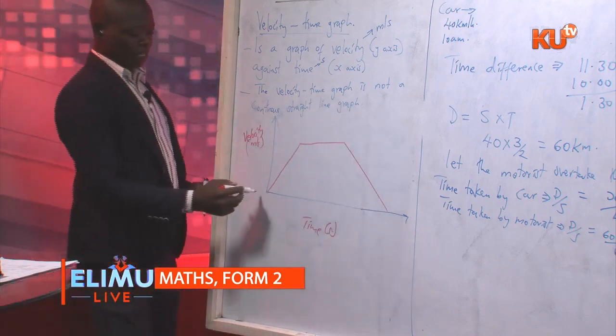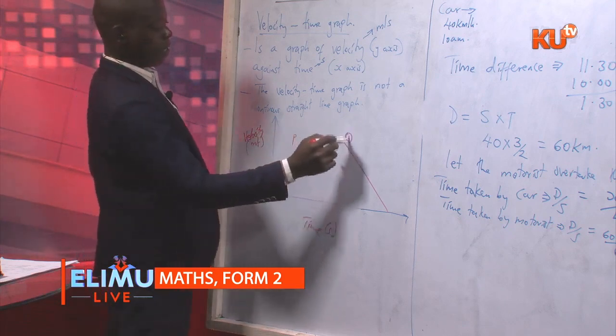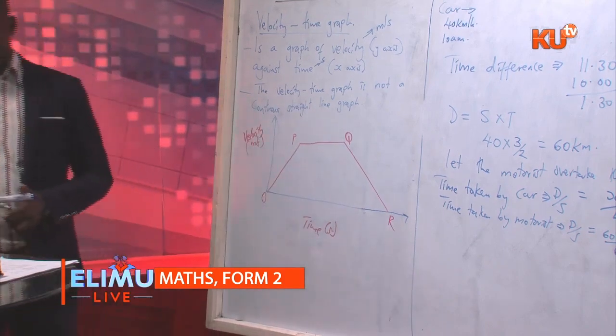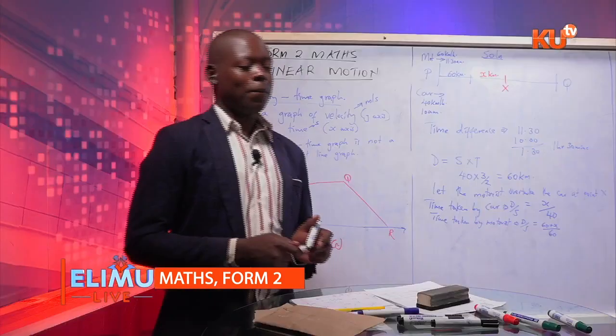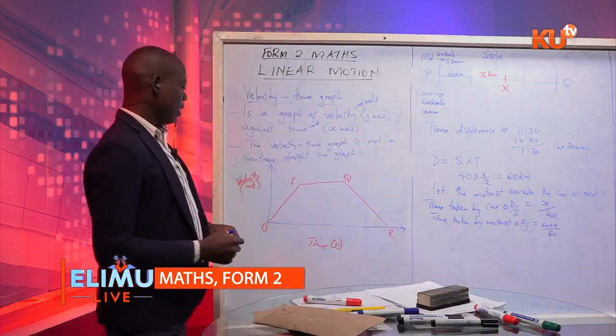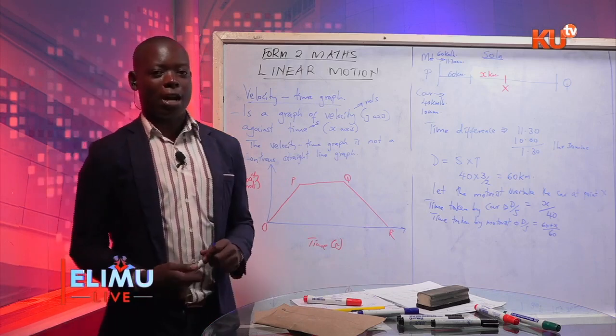So we can label this as point O, point P, point Q, and point R. As students, you need to know what happens at each part: OP, PQ, and QR.